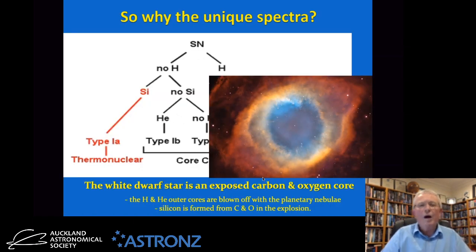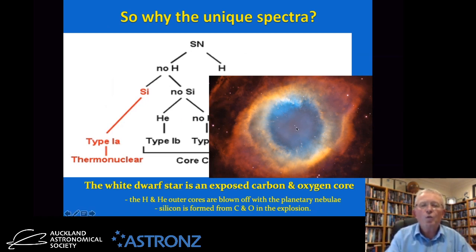So why this particular unique spectrum? Why do these 1As have no hydrogen, and lots of silicon? So why is that so? Just think back to that stellar evolution slide. Remember that stars up to 8 solar masses, in the latter part of their lives, just gently blow off all their outer layers to leave that exposed core.